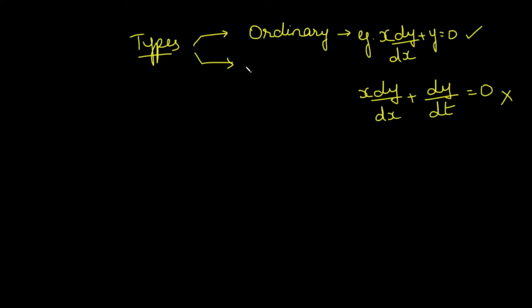Now the other type of differential equation is known as a partial differential equation, which is just the opposite of ordinary. That is, here the dependent variable depends upon several independent variables.